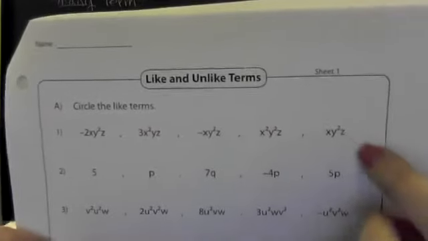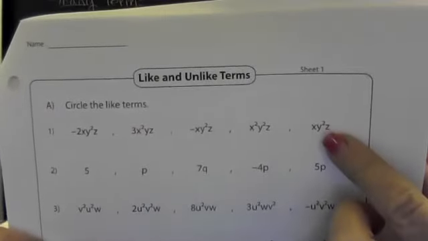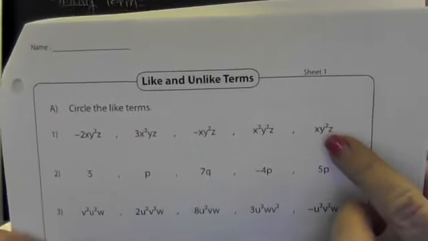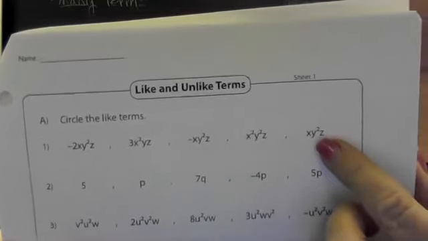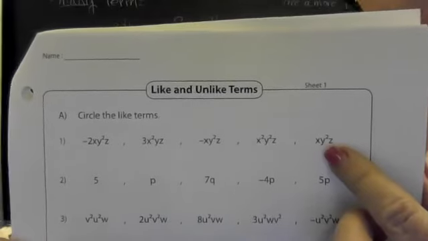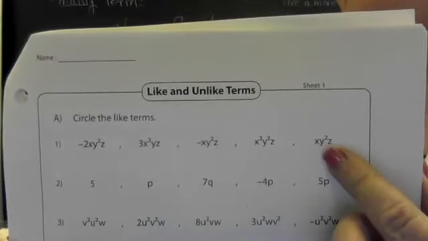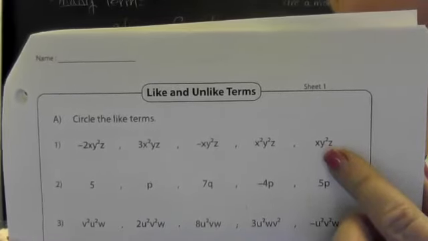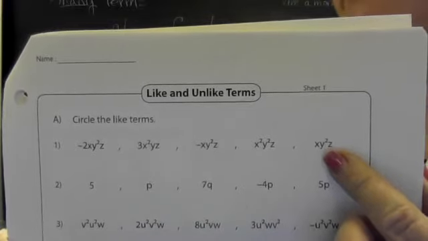There's an X, Y squared Z. The fourth one, nope. But the fifth one, again, is an X, Y squared Z. So the ones that are X, Y squared Z are the ones that you would circle. The others are not common terms. They want you to get used to looking very closely and make sure that the terms match.